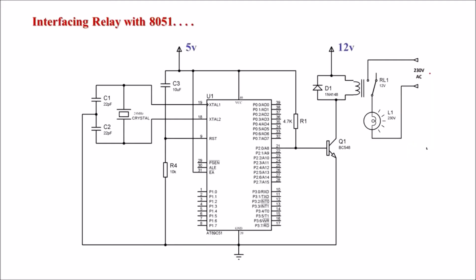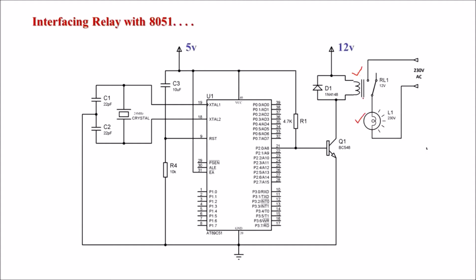Now, this is the interfacing diagram of relay with 8051. It is used to connect this bulb to a 230 volt supply when the relay turns on. So, this is the relay. Through this relay, we are connecting this bulb to the 230 volt supply.